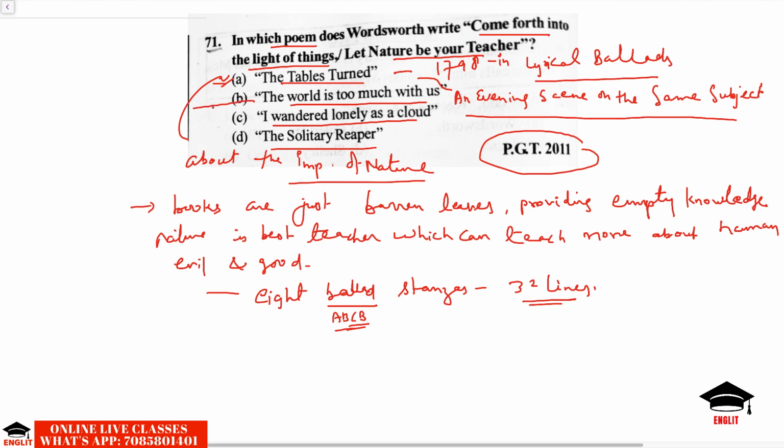The World Is Too Much With Us is a sonnet about the importance of nature and its preference to worldly and temporal life, where he says the world is too much with us, getting and spending. We lay waste our powers, little we see in nature that is ours.